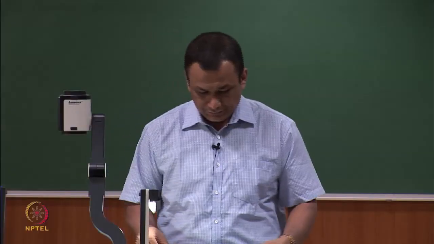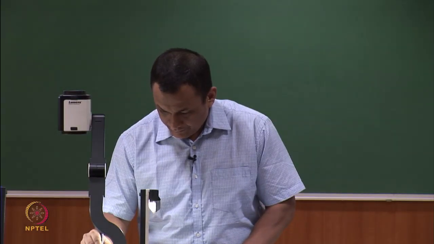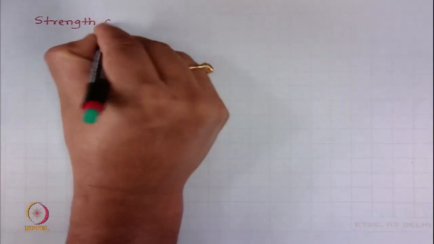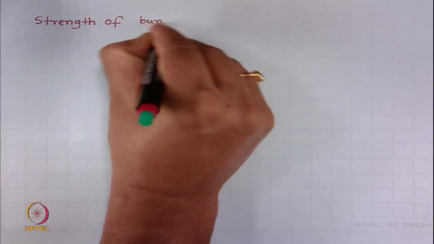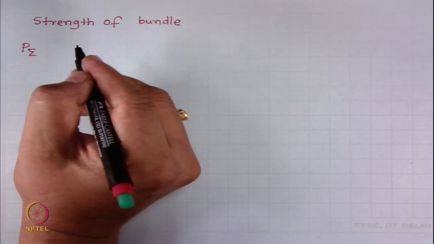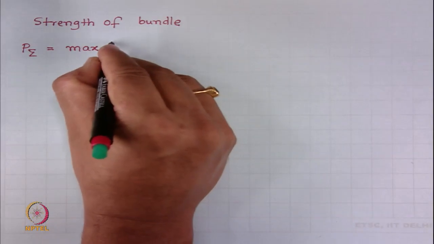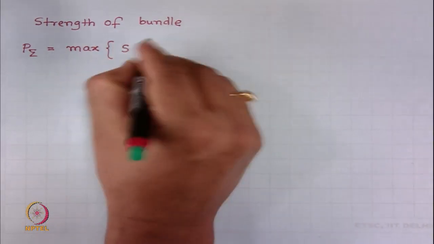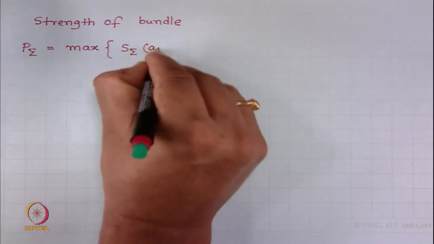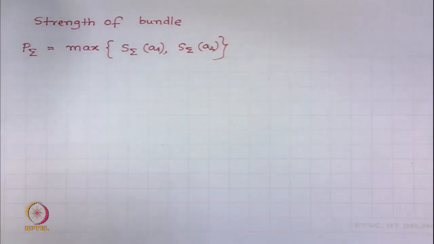So, we will write strength of the bundle will be, this is the symbol we used earlier, maximum of A1, A2, right. So, what is that?